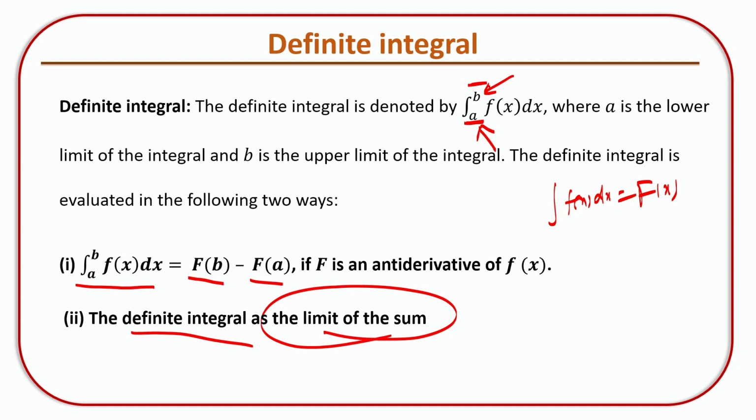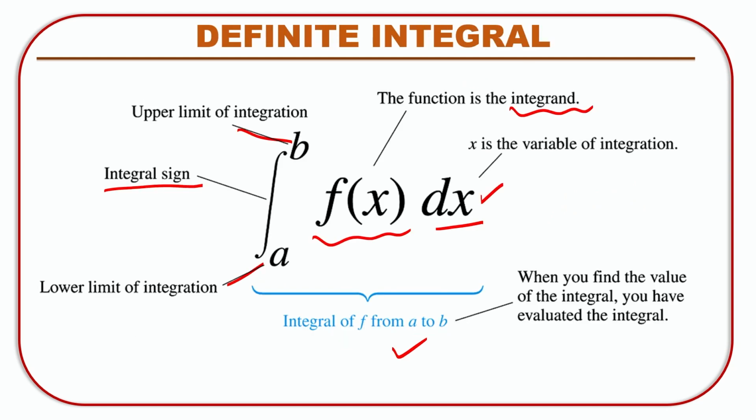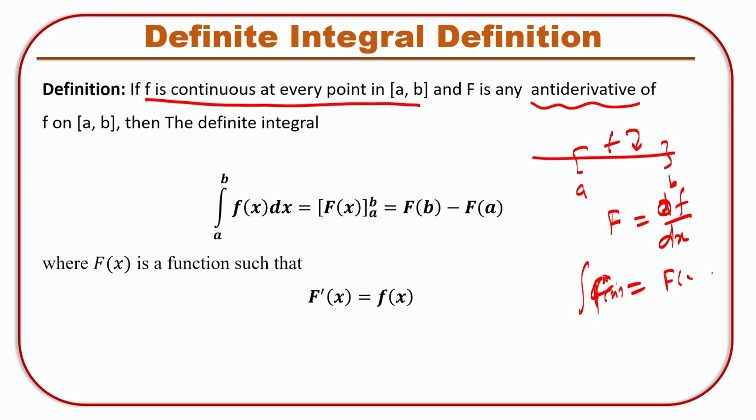See here, the integral from a to b of f(x) dx is equal to F(b) minus F(a). So we are going to use this. The integral from a to b of f(x) dx can be written as the value of this antiderivative F(x) from limit a to b.